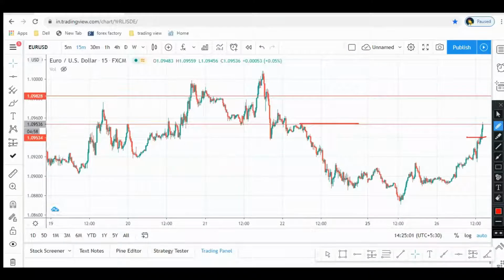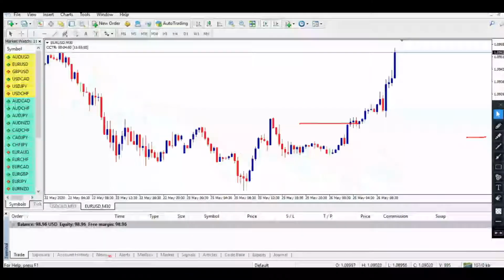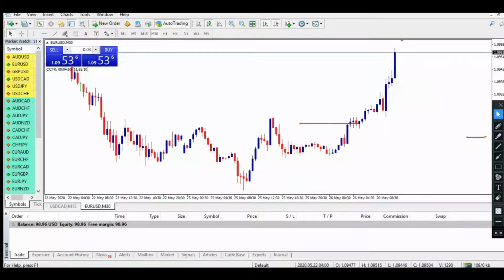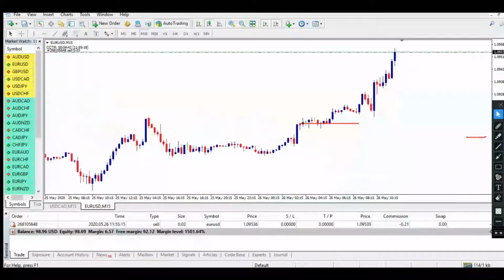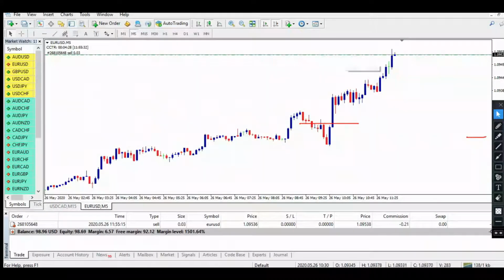Let me show you, let me take a live trade in front of you. I will put a sell order and switch to the 15-minute chart, and I will close my trade based on the 5-minute chart.